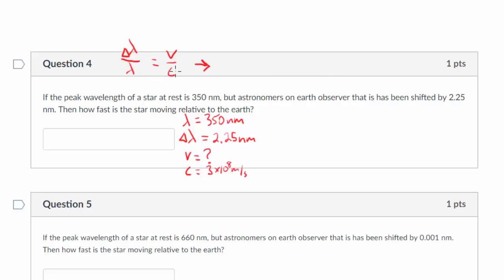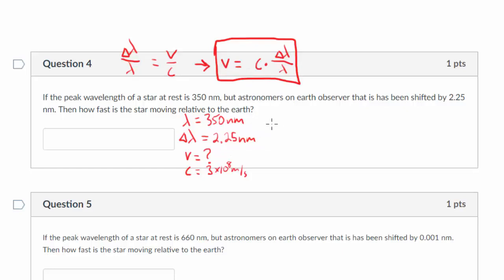So if I multiply both sides by c, the speed of light, this becomes velocity equals c times delta lambda over lambda. Okay, well that's another equation. To save yourself the algebra, you could put that on your equation sheet. Then you could solve problems like this without having to redo the algebra every time.